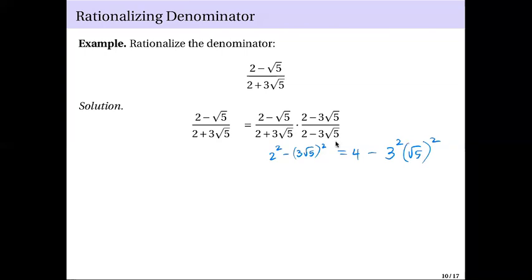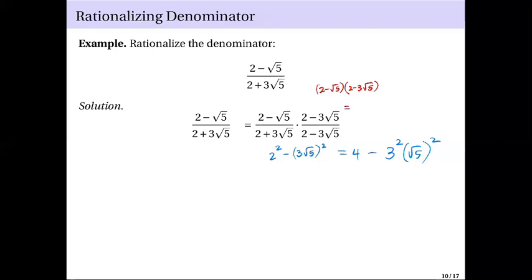For the numerator, you multiply, of course. But you do this by distribution or by your FOIL method. So similar to those methods. For the numerator, let me write it here. You have 2 minus square root of 5 multiplied to 2 minus 3 square root of 5.